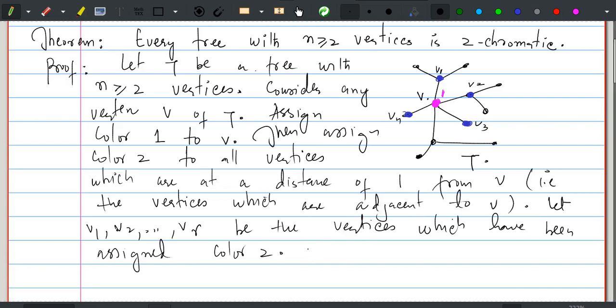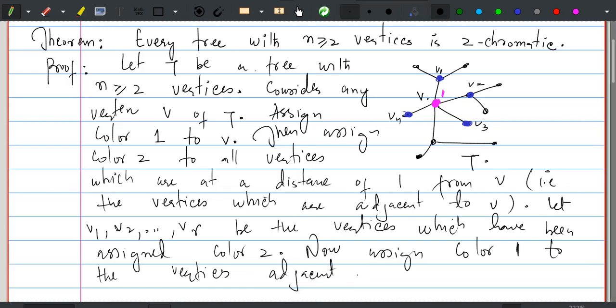So now assign color 1 to the vertices adjacent to v1, v2 and so on up to vr. Here, v1 is adjacent to v and these 2 vertices.